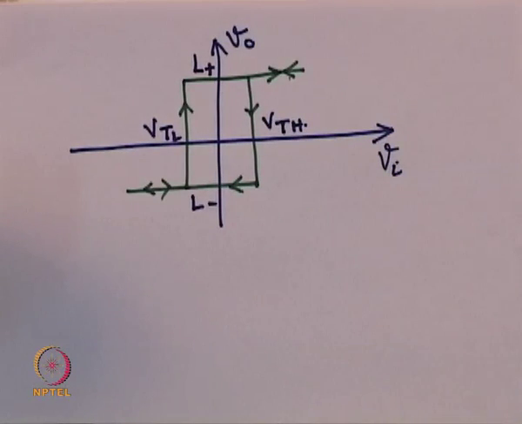The difference between the previous graph and this one is the way the transition is happening.